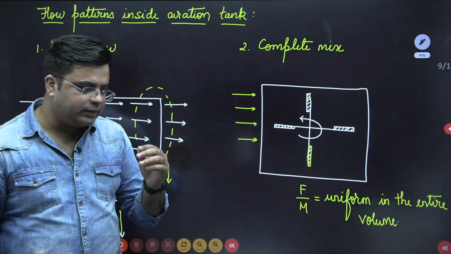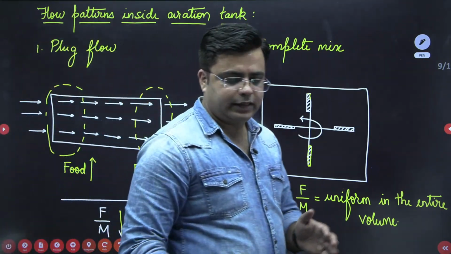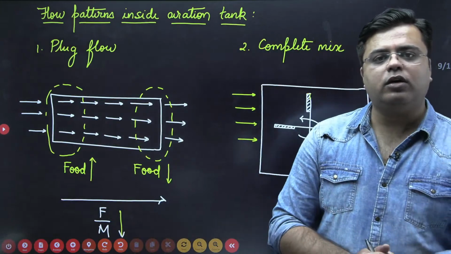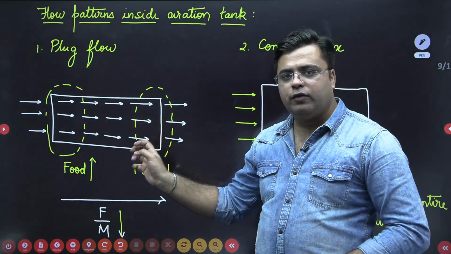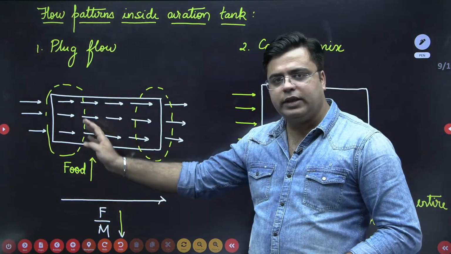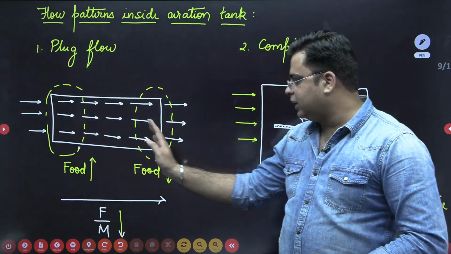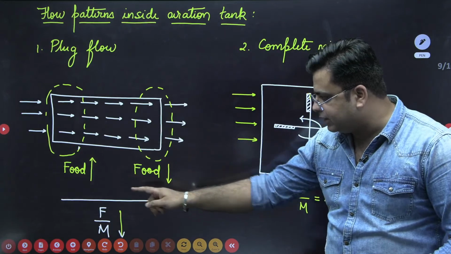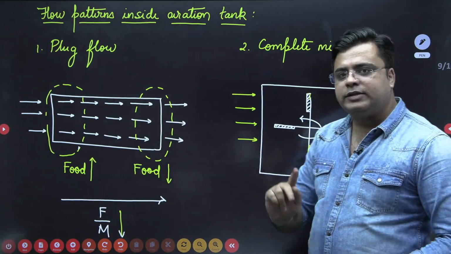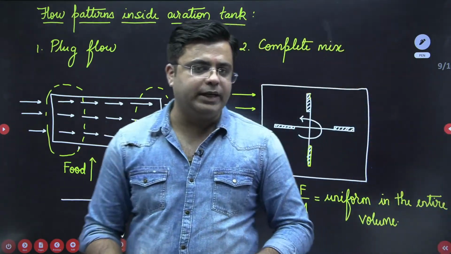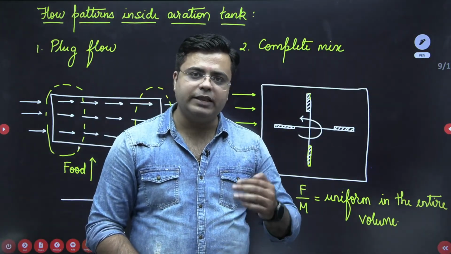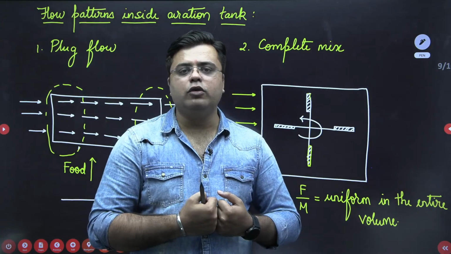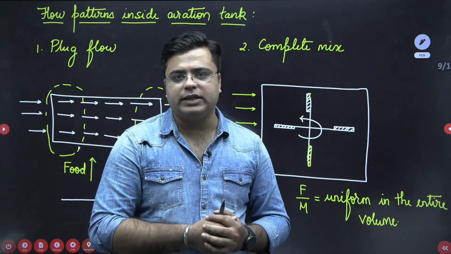Okay. So these are the two types of flow pattern that exist for the aeration tank. Either the flow pattern can be plug flow, where F by M ratio is more in the initial stage and later on the F by M ratio decreases as we move along the length. Second type of flow pattern is the complete mix, where the contact opportunity between the microorganism and the organic matter is more, due to which more active decomposition can be seen.